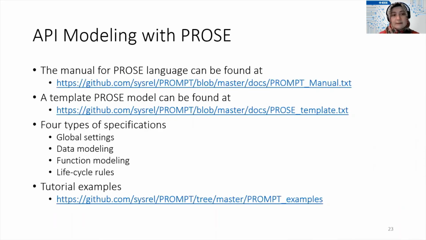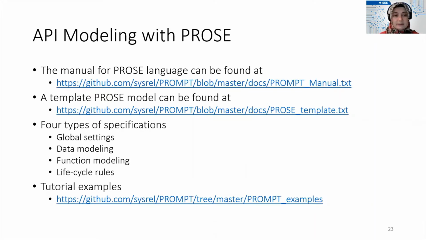So again, if you look at our GitHub repository, you can find a manual about prompt, which is mostly about PROSE features. To get started, I think you should use a template of PROSE model because it may take time to get used to the syntax.